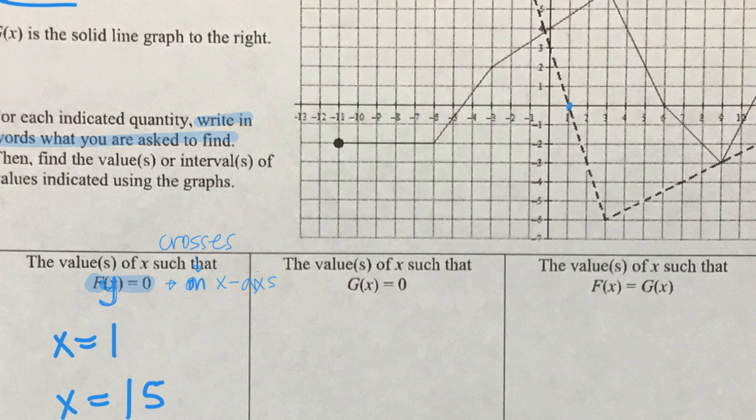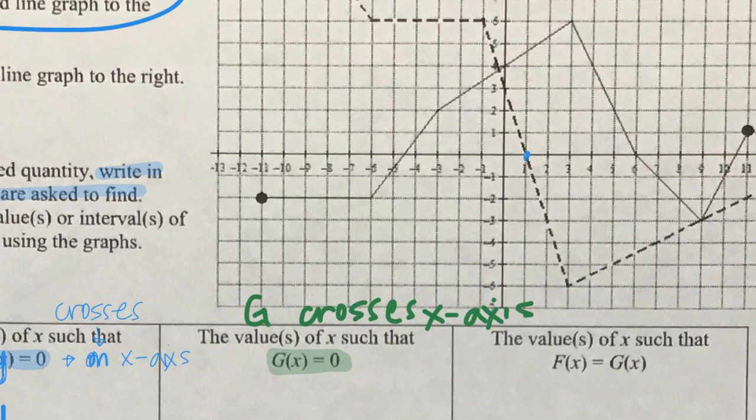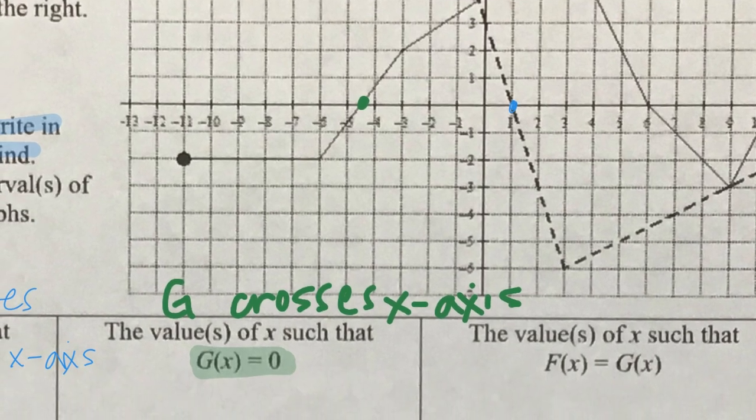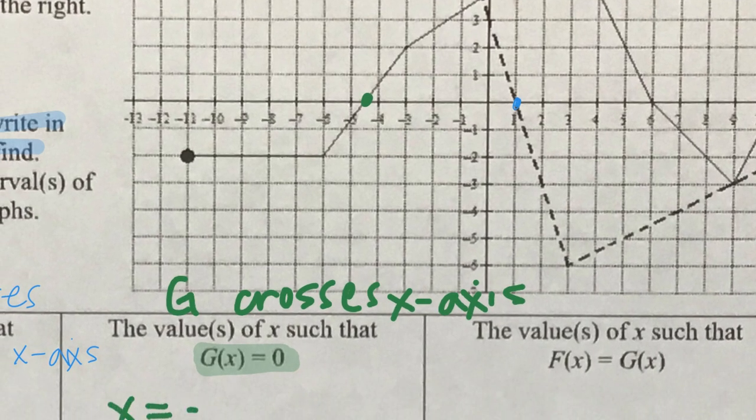Okay. Similarly, what does it mean for g of x to be equal to 0? That's where your g graph crosses the x-axis. So for g of x equals 0, we have one, looks like, at a half place perhaps right there, maybe? Maybe that's a half? Close enough, even if it's not. So we'll call it -4.5.